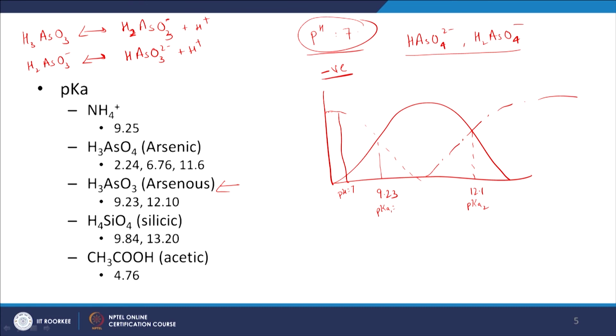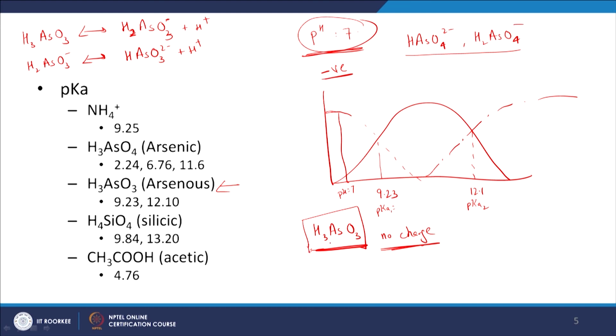It is the protonated form, H3AsO3. So what does this mean now? It means that this has no charge. In this oxidation state of arsenic, there is no charge at the usual range of pH 7.